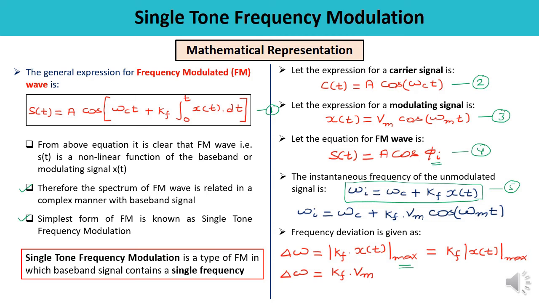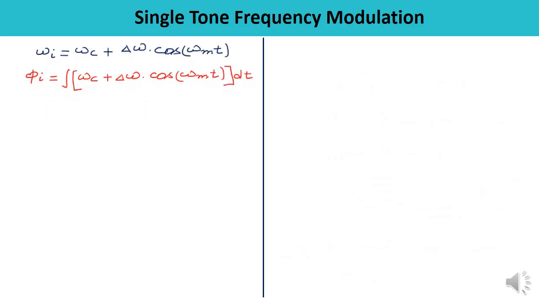So the maximum value we get is kf into Vm. From here we can write the frequency deviation as kf into Vm. It means we can write omega i, which is equal to omega c plus delta omega into cos omega m t. We have substituted delta omega in place of kf into Vm.